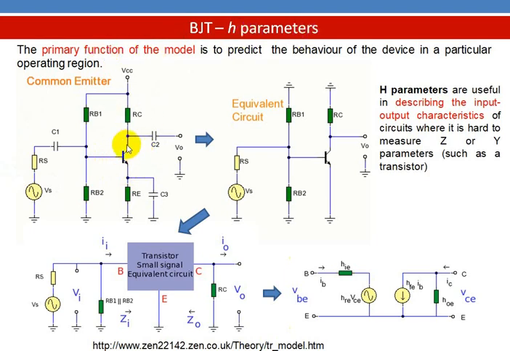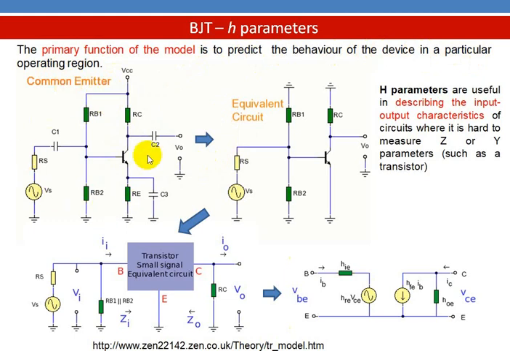Once we get an equivalent model for the transistor, we can construct the equivalent circuit, and by applying circuit theory concepts, we can analyze the currents and voltages in the circuits. The primary function of the model is to predict the behavior of the device in a particular operating region.